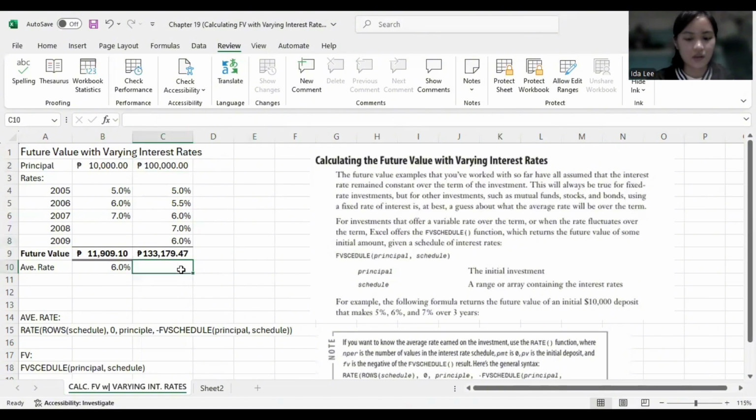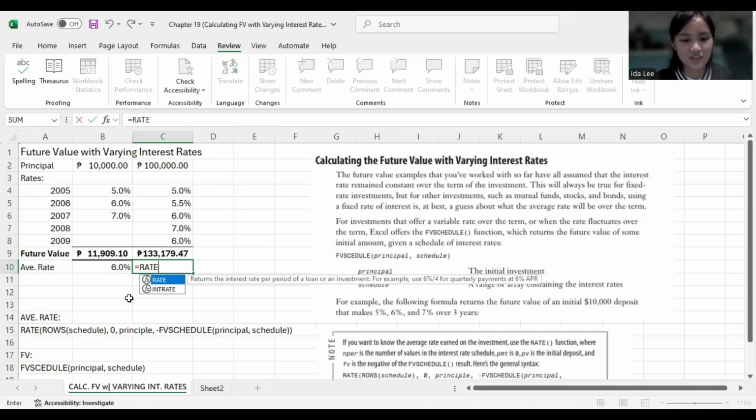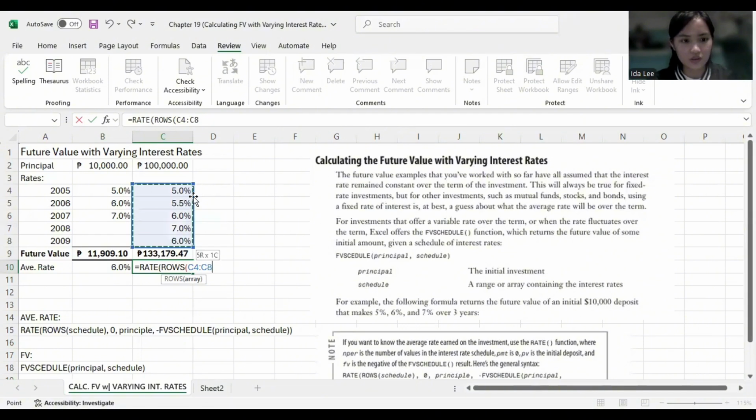And now to get the average rate, open, equal sign, type in rate, then open parenthesis, and then ROWS, another open close parenthesis with your schedule over the 5 years, from 5% to 6%. Close that. Type in 0 for your PMT.